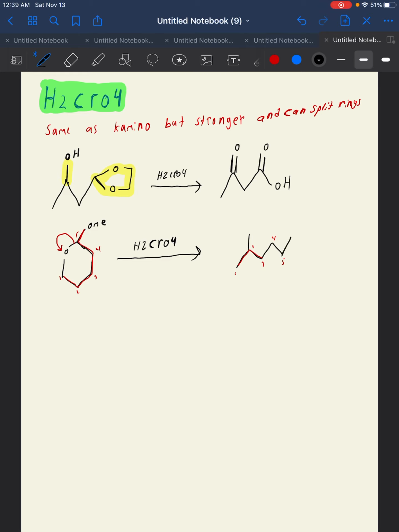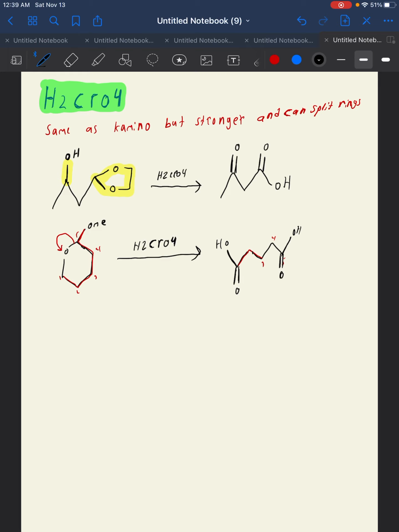Oh, I drew this wrong. Kind of complicated to draw this one out. So, a product that looks like this.